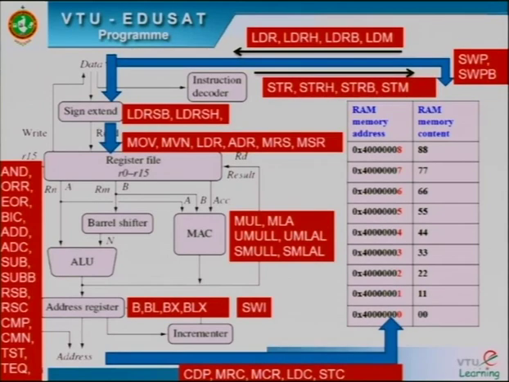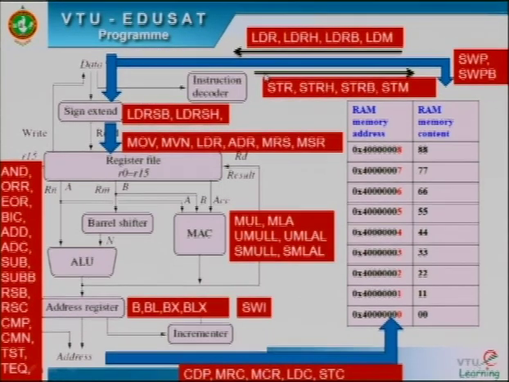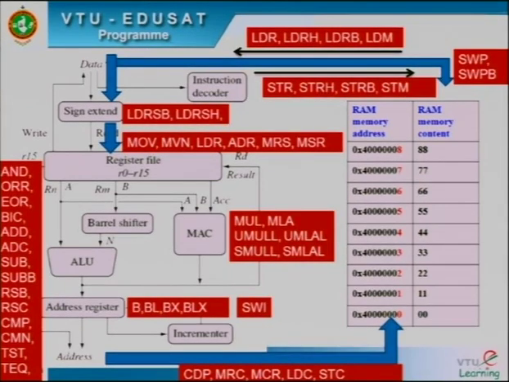So all these instructions work for loading a value from a RAM location to a register, or copying the register value to the RAM memory content. And these are the only instructions which work on the RAM memory location. All other instructions just work with the register file content. That is why the ARM architecture is called a load store architecture. See the next one.